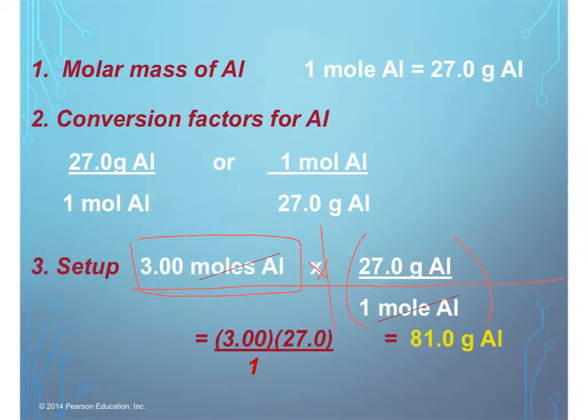You want units to match on the diagonal so that they cancel. So we have to have moles down here in the denominator, with a 1 in front of it. And on top are the units we're trying to get to. This problem is asking for grams. So we want grams, the molar mass of aluminum. Then it's just simple multiplication and division, and we see that it's 81 grams of aluminum.